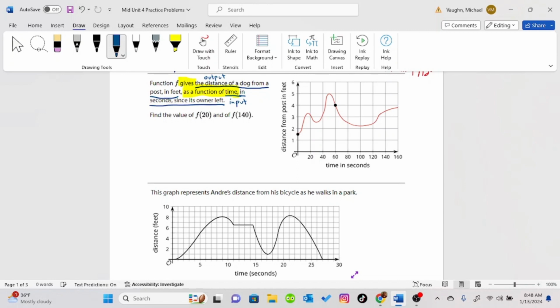So they want us to find the value of f of 20. So remember, in parentheses is your input.